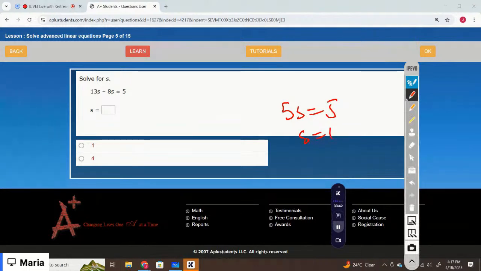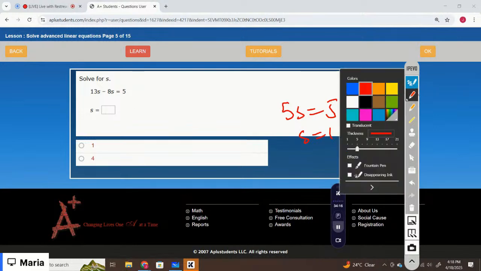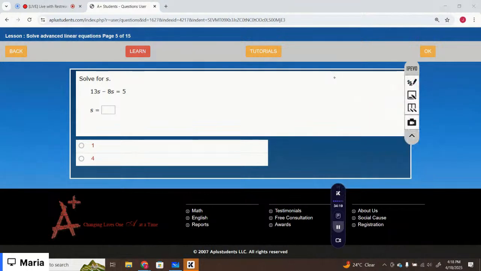That is s equals 1. Okay, you can complete the lesson by yourself today. Let me just move on to the next lesson.